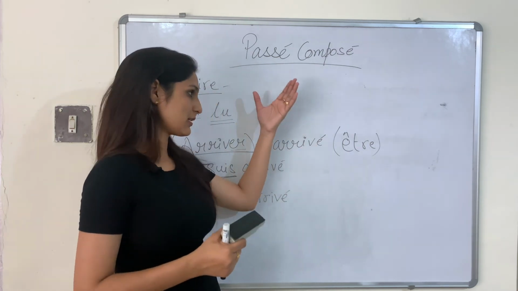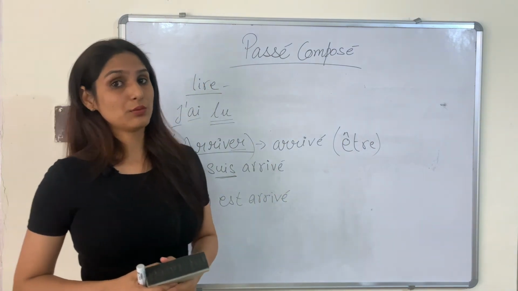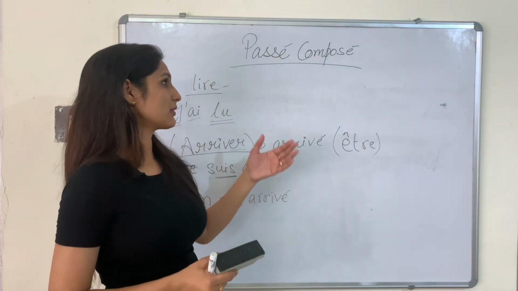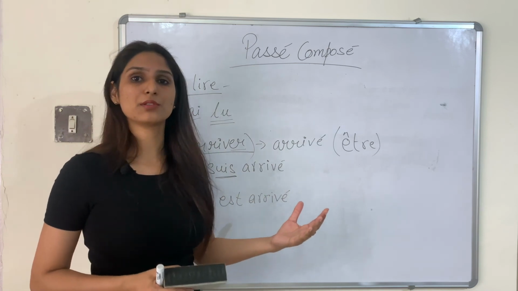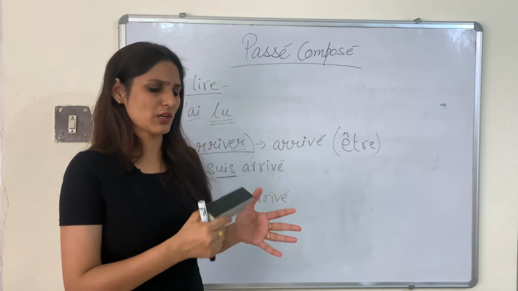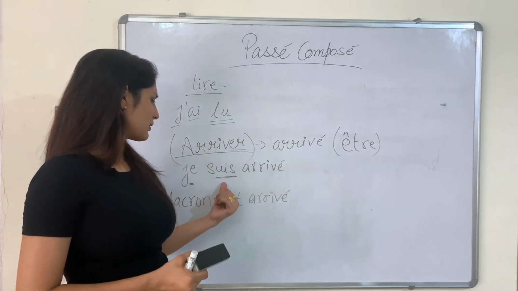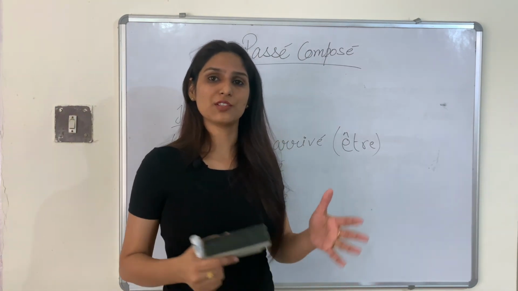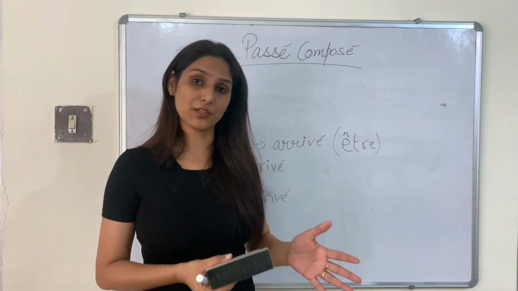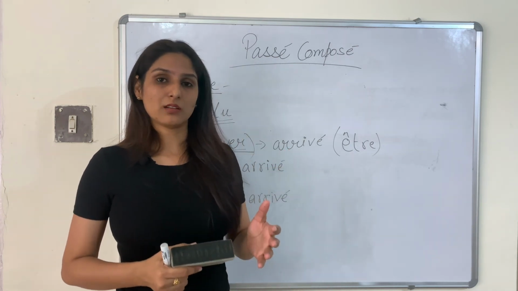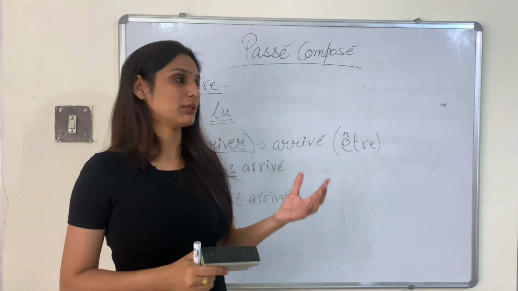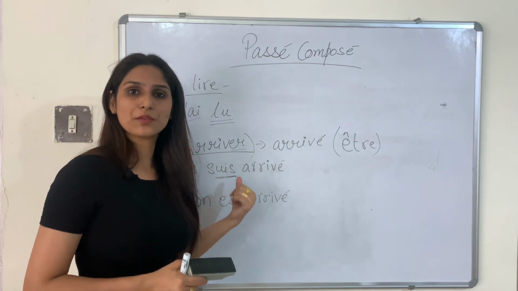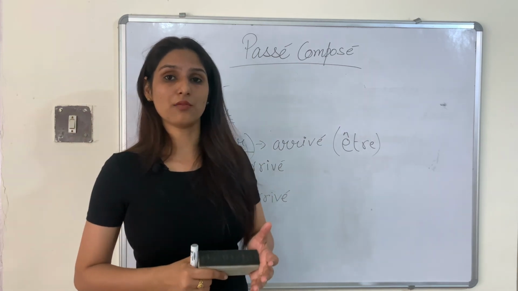And for passé composé, you have to do a lot of practice, because this is also the same formation, which is actually going to change a bit. Here you're using present form, and if you want to make plus-que-parfait, which I'm going to teach you in the next video, there you will be using some other form of être, and even for avoir.